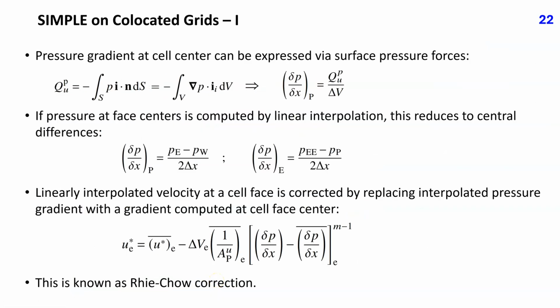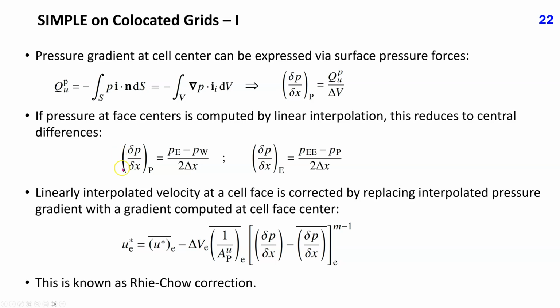For the derivation of pressure correction equation, it is advantageous to work with pressure gradients at cell centers. We can express pressure gradient at cell center via surface pressure forces using the following identity and midpoint rule approximation for the volume integral of pressure gradient. If pressure at face centers is computed by linear interpolation, this expression reduces to central differences.